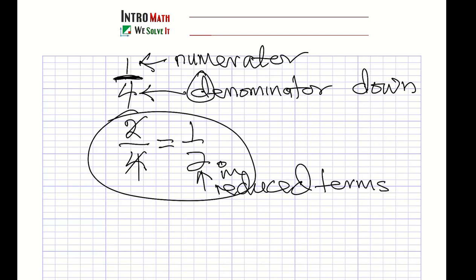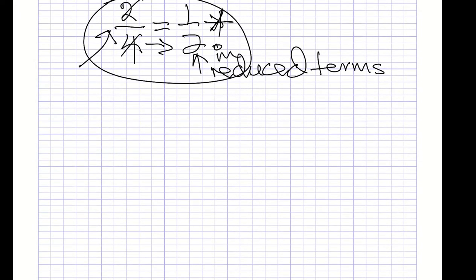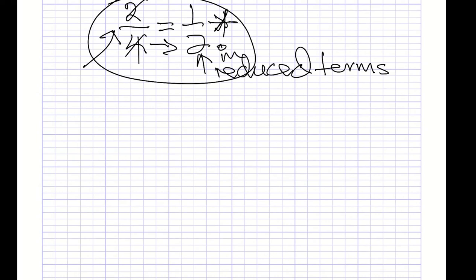What does that mean? This one is not in reduced terms because you can reduce that to that. So how do you know this is a reduced term? Well, there's a definition. A fraction is in reduced terms when the numerator and the denominator have a common factor of 1.